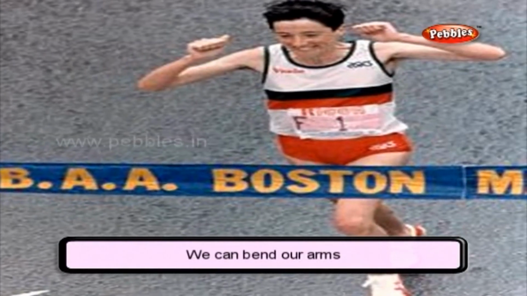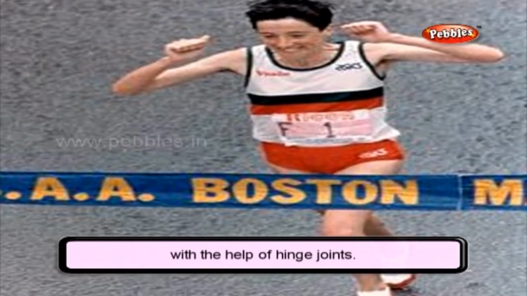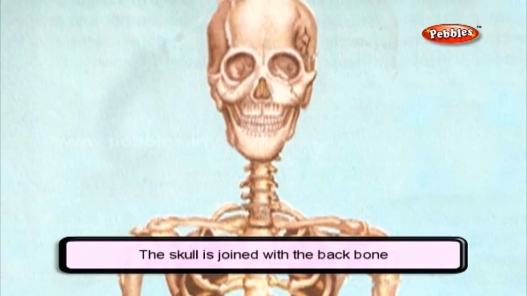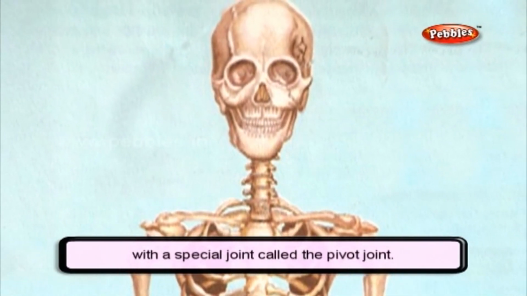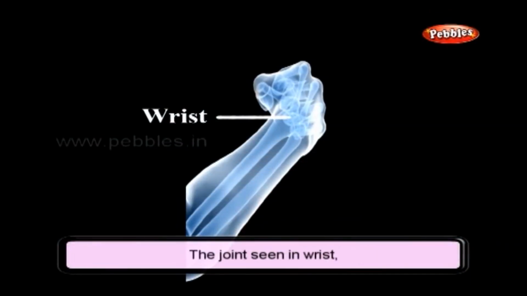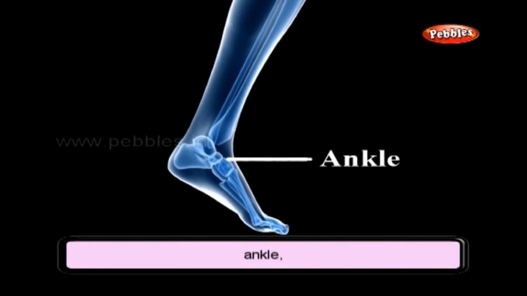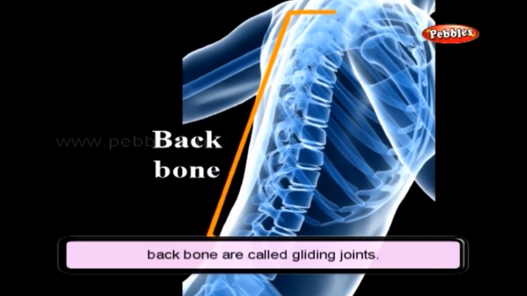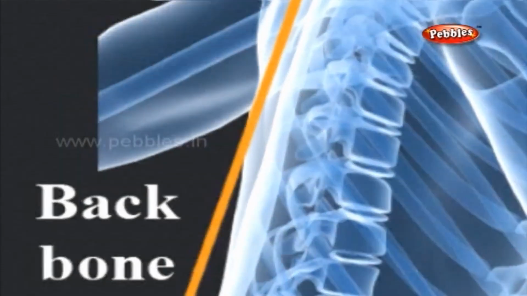We can bend our arms with the help of hinge joints. The skull is joined with the backbone with a special joint called the pivot joint. The joints seen in wrist, ankle, backbone are called gliding joints.